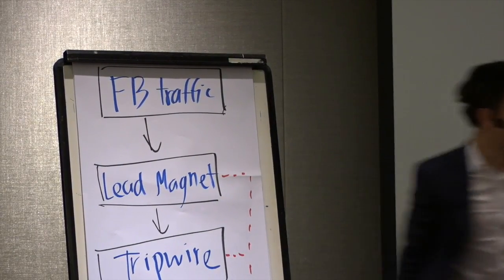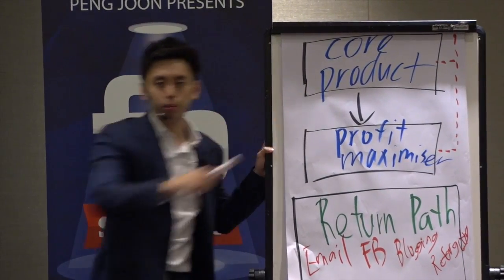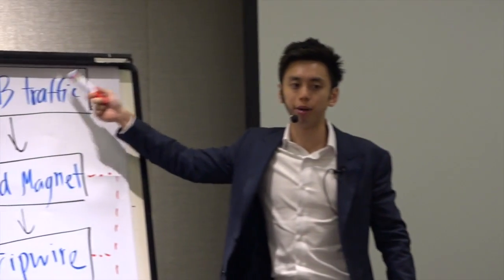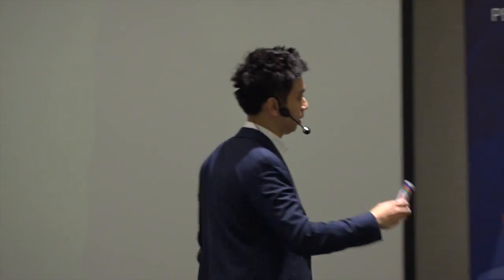It could be my tripwire, or it could be, like Jordan Yo, his Iron Mastery at $97. By selling that initial product, am I able to at least break even from the cost of my Facebook traffic? If the answer is yes, then remember, it comes back down to scaling, optimizing and scaling, right?